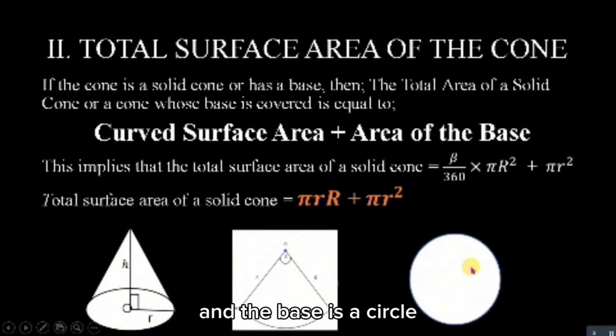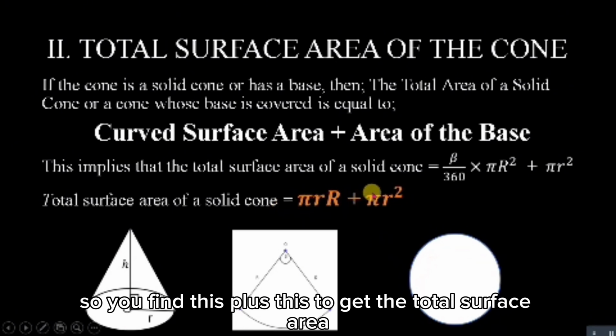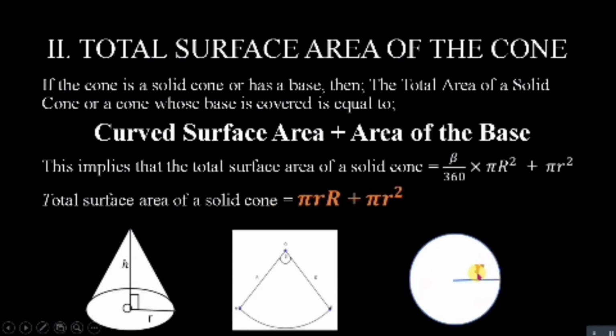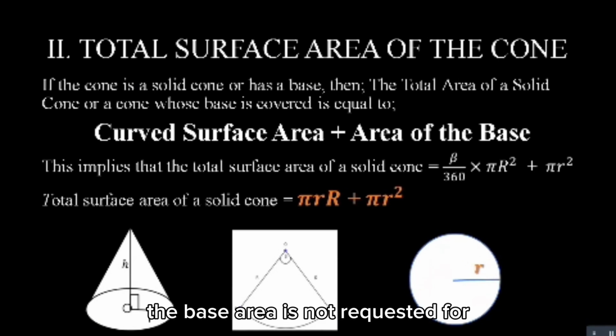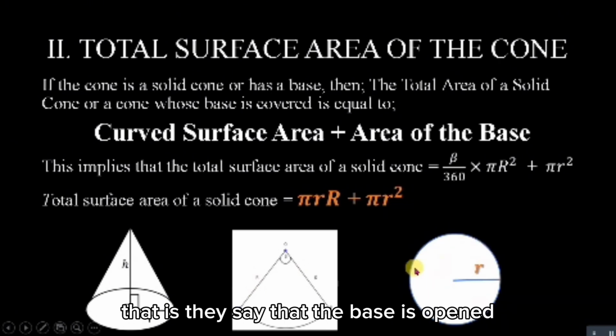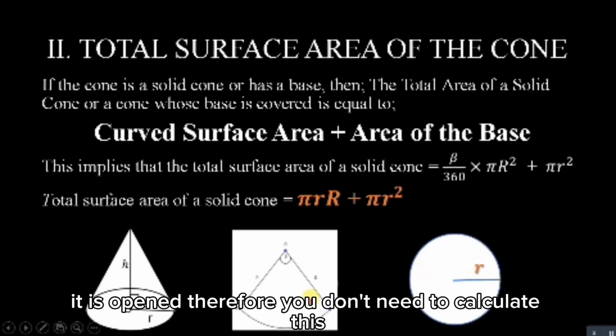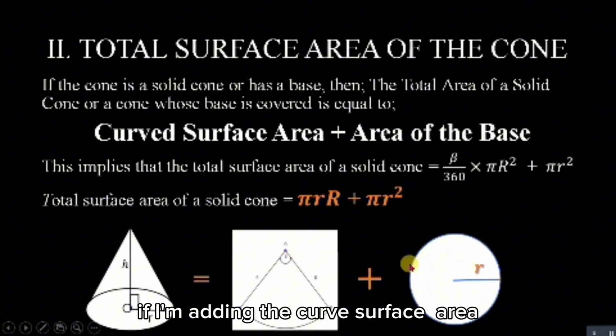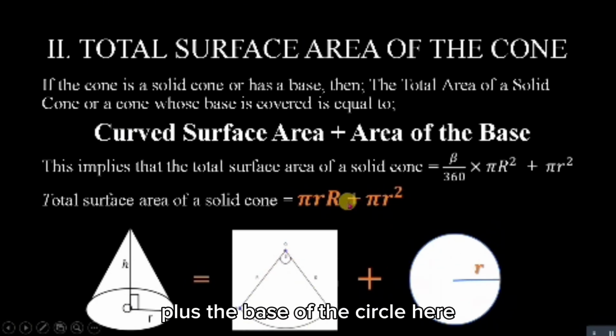But if the base area is not requested, that is, they say that the base is opened, therefore you don't need to calculate this. Okay, now if I'm adding the curved surface area plus the base circle here, then I'll get the total surface area for the cone.